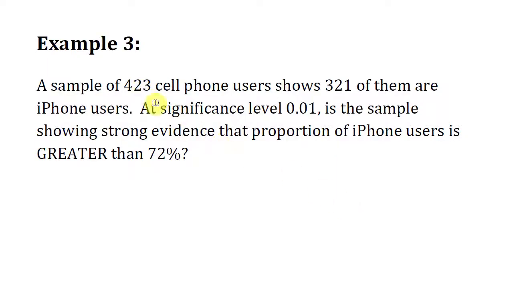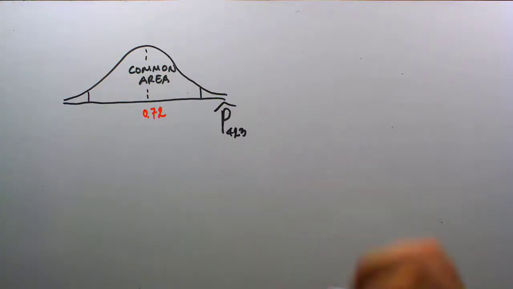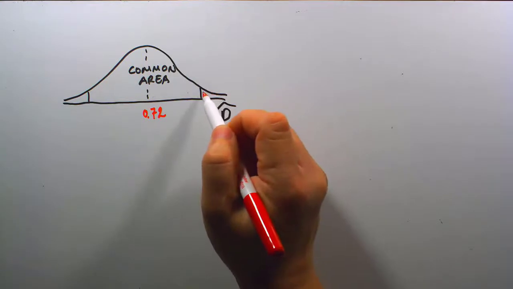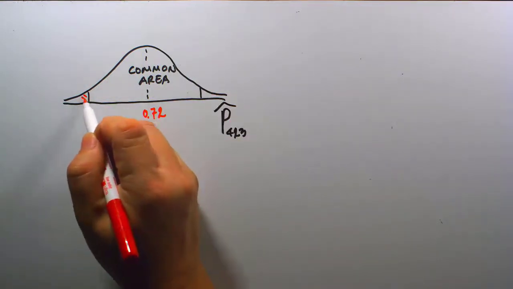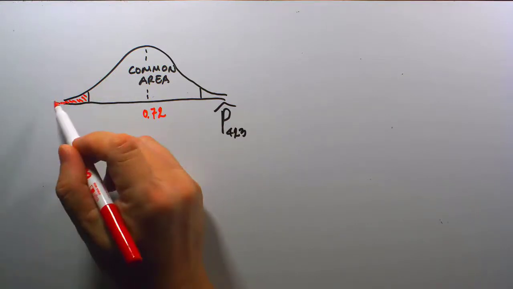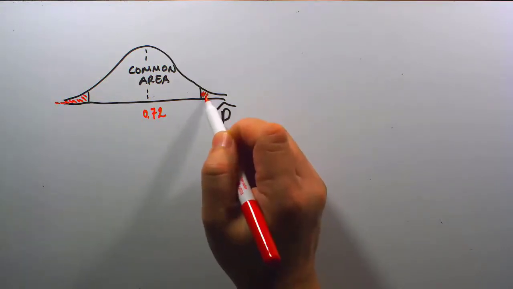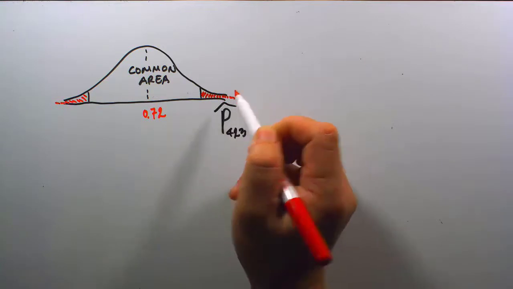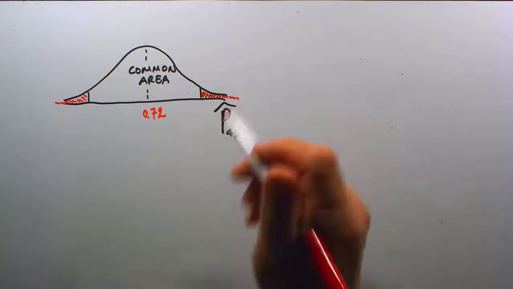On my computer screen, the wording of the problem in example 3 is indicating for us that with our significance level being 0.01, the two little areas outside of our common area, there's an unlikely area to the left, and this little tail being the unlikely area to the right of the common area.